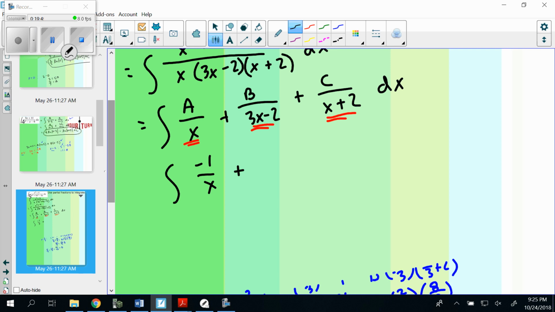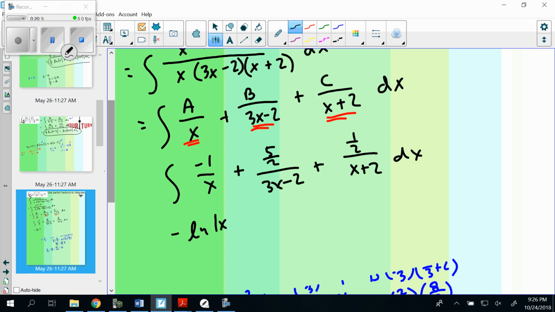B we solved out to be 5/2, and the c we solved out to be 1/2. Now from there, it's doing what we did on the other problems to get it. You get negative natural log x plus 5/2.